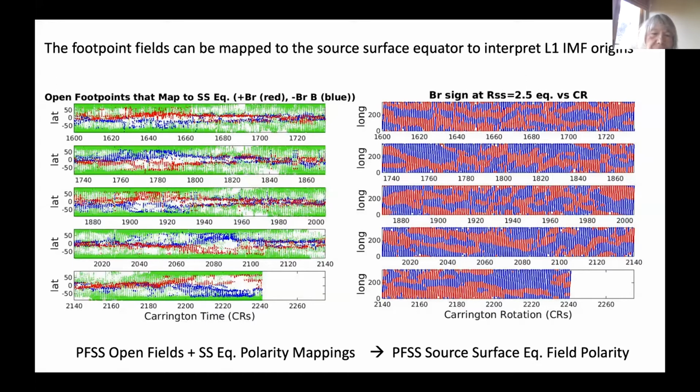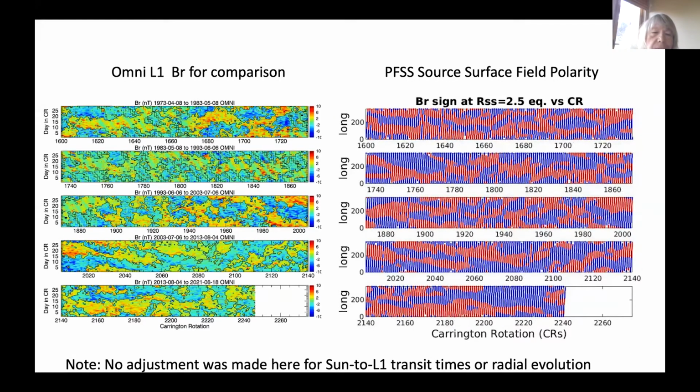And on the next slide, I believe, is a comparison with Omni data, which shows, without any account made for the 4-day or so transit time of the solar wind, how the structure in BR, the radial component of the solar wind in Omni, matches the potential field source surface equatorial plane mapping.